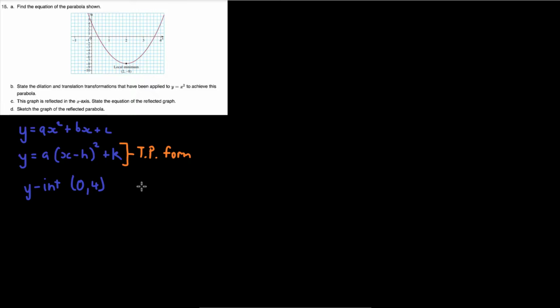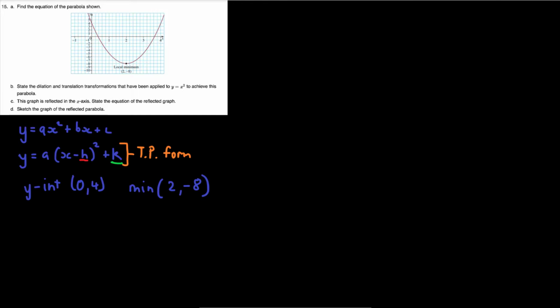The only other given piece of information is the minimum. So we've got another coordinate, the minimum, and that's (2, -8). And that happens to also be our turning point, which is very, very handy. So that means we can fill in our turning point form. Now let me just explain the turning point form a little bit. In here, we've got an h and a k.